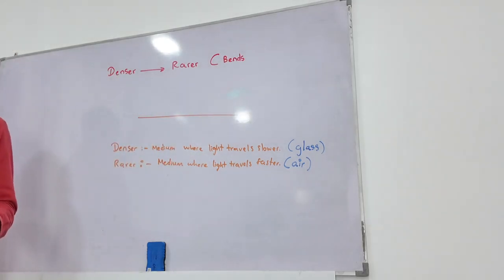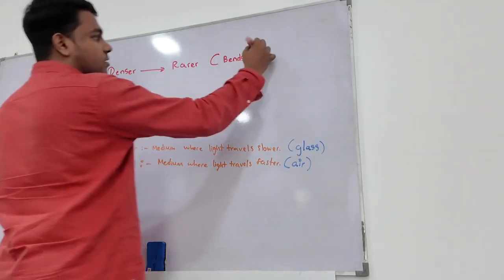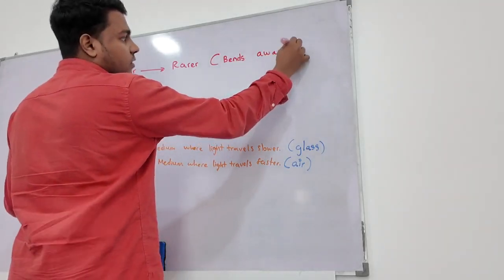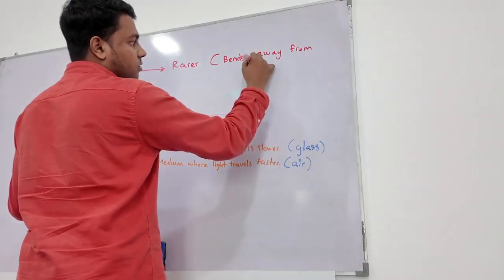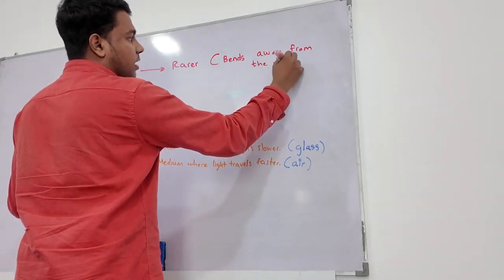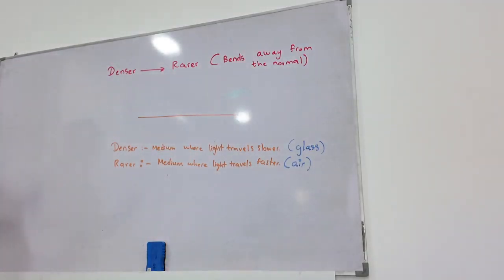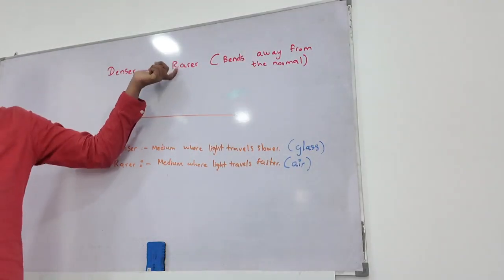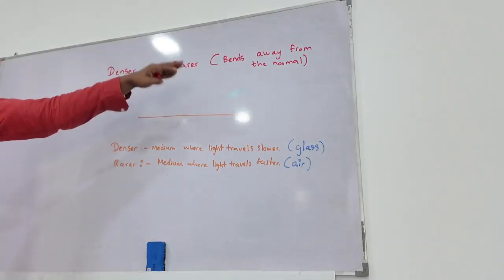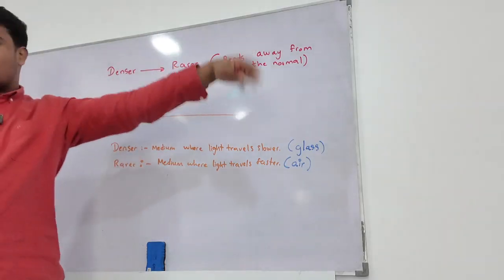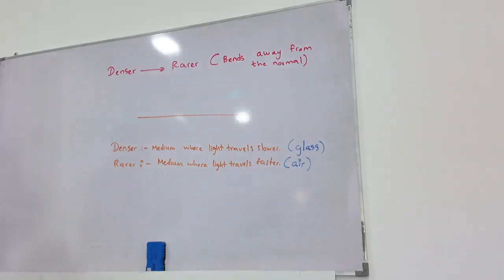Away from the normal. Bends away from the normal. Then what will happen if the light rays travel from rare to dense? Automatically bends towards the normal. I only write denser to rare. You only remember this. Automatically the opposite will be towards the normal. Okay? Remember that one. Okay?